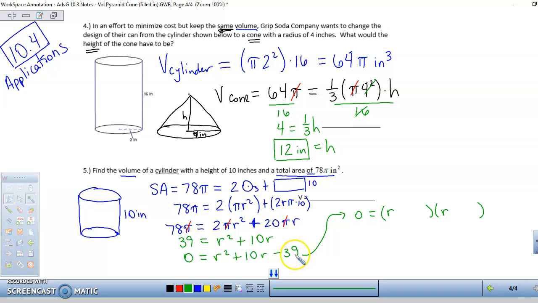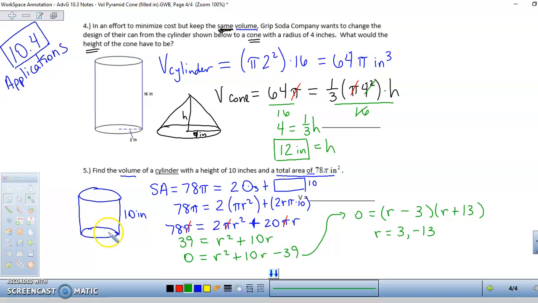So multiples are factors of 39. What do we got? 3 times 13 looks promising. So we have a 3 and a 13. We want a positive 10, so positive 13 and a negative 3. So final answer, you set those equal to 0, and you get a 3 and a negative 13.